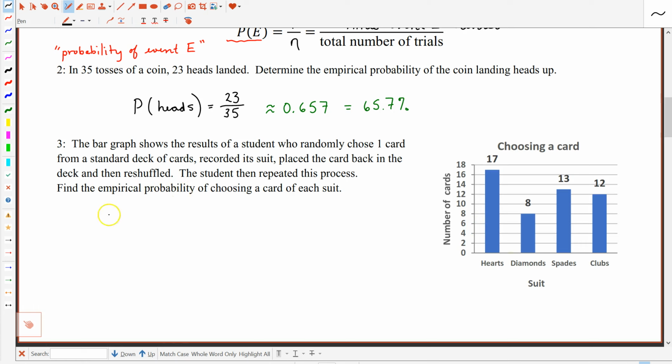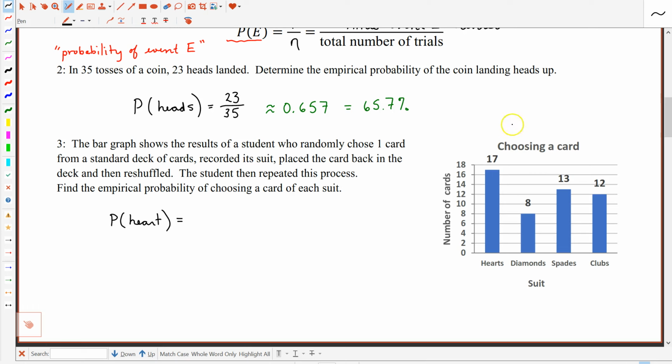Okay, so first let's find the probability of getting the suit of hearts. So the first thing we're going to need to determine is how many times this experiment was run. So it looks like I have 17 outcomes here, 8 outcomes here, 13 here, and 12 here.